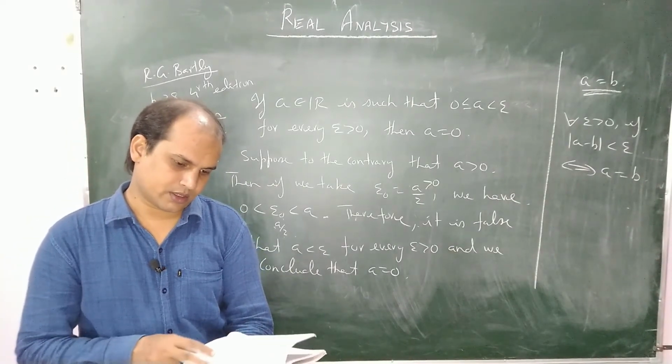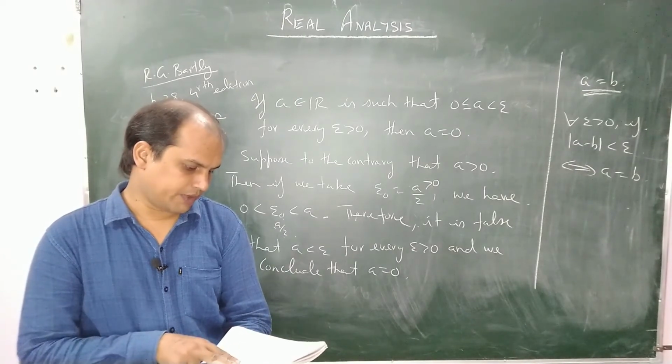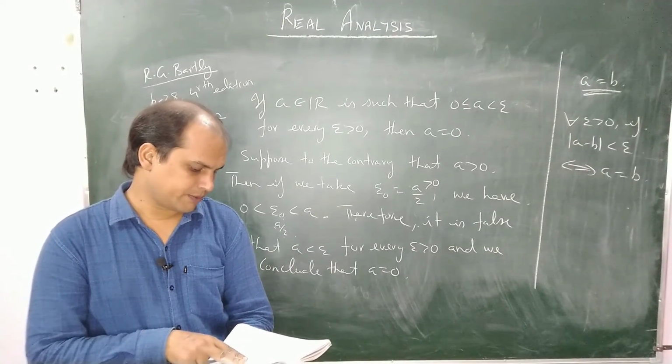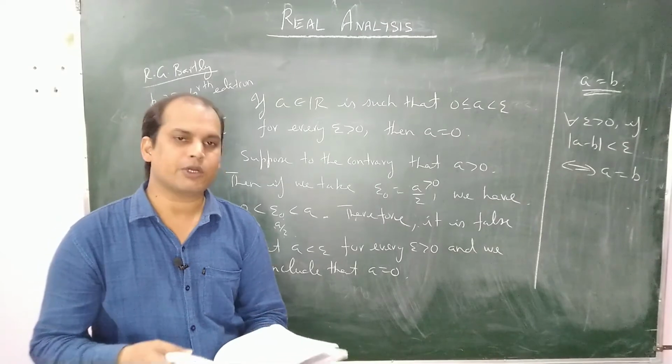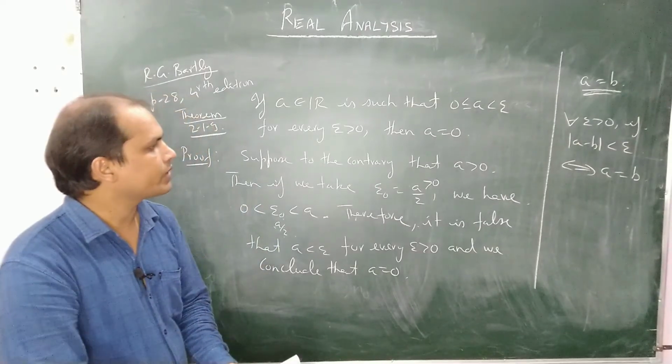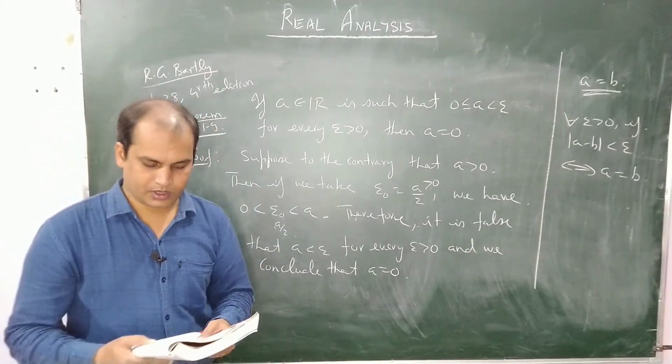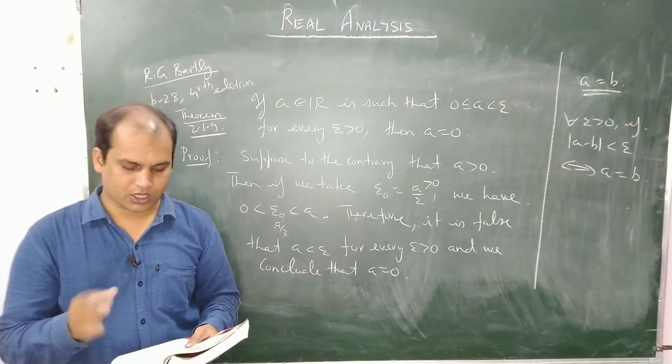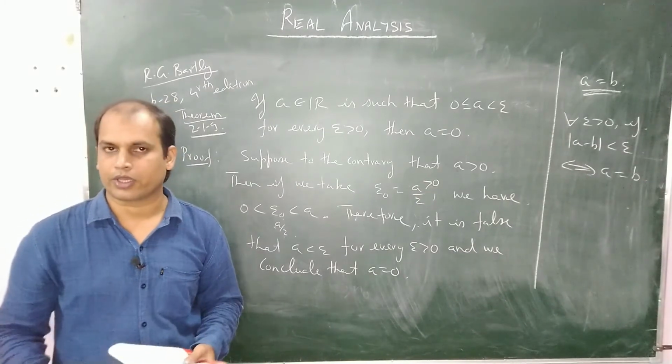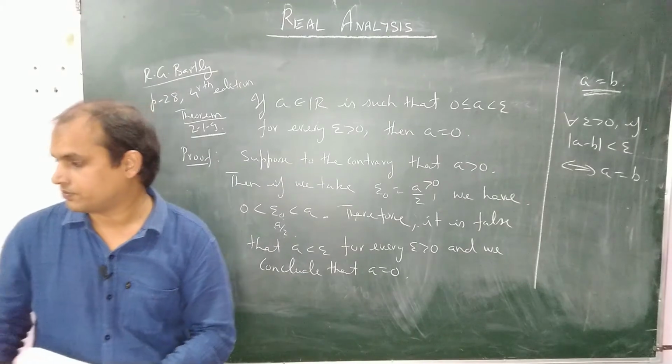So students, I will advise you to revise this concept. Let me rewrite the statement, and in short I will discuss what is given in your book here using this result.